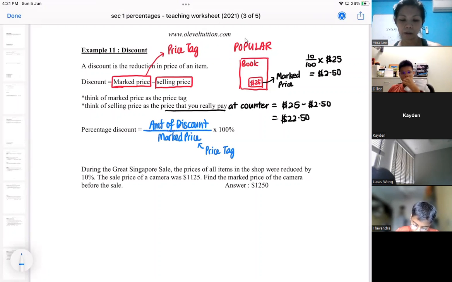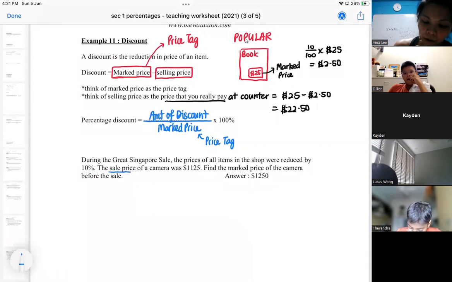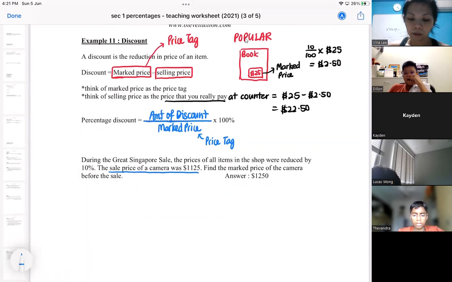For example, in a Great Singapore Sale, the prices will all be reduced by 10%. The sale price, okay, this is another confusing thing. The sale price is 1125. That means this is the selling price.